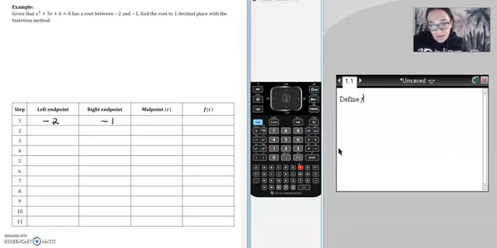So f of x equals x cubed plus 3x plus 6. Okay, so we now have that.